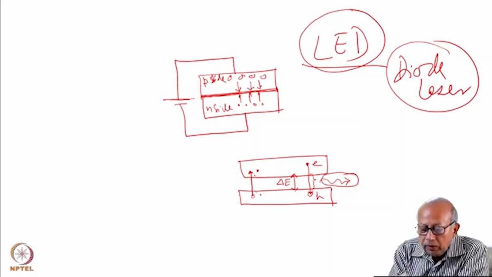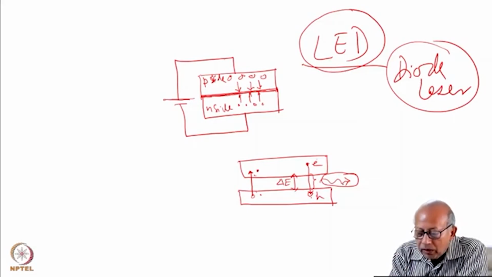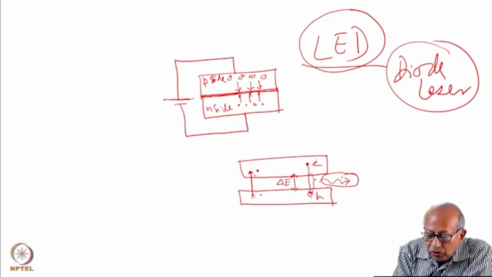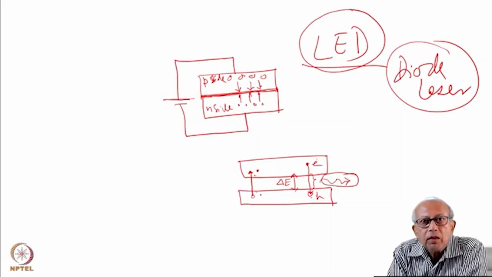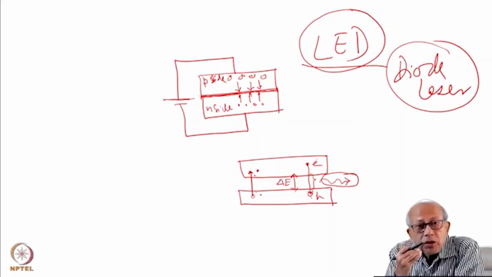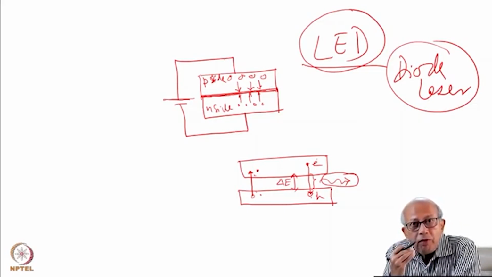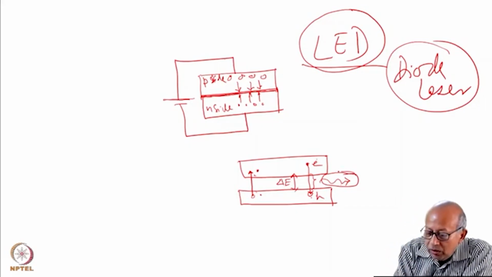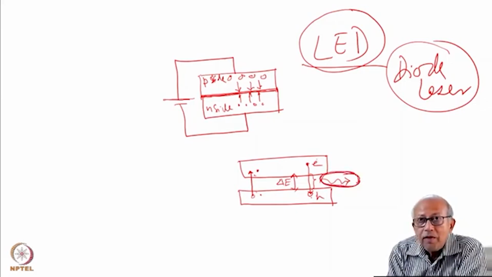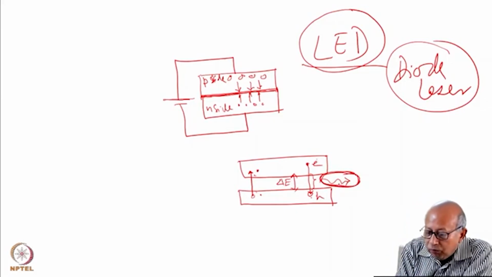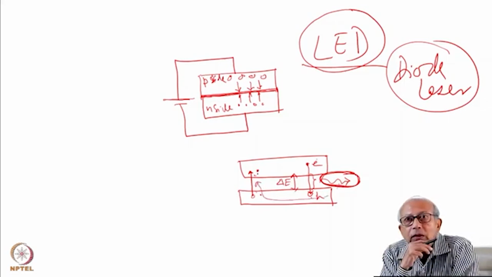So recombination of electron and hole results in creation of a photon, and this absorption actually removes a photon from this system. So population inversion will be created if the rate at which recombination creates these photons exceeds the rate at which the photons are removed through the process of absorption.